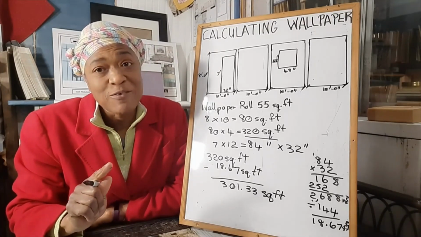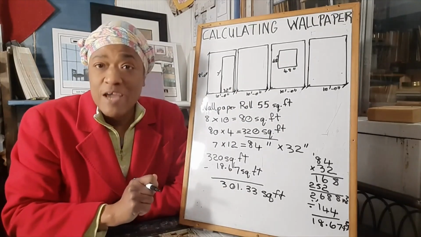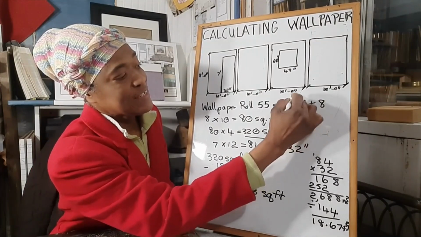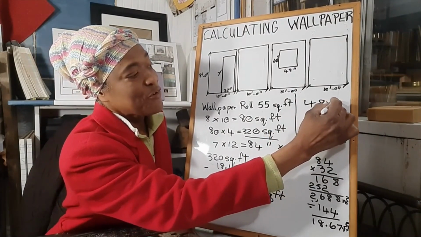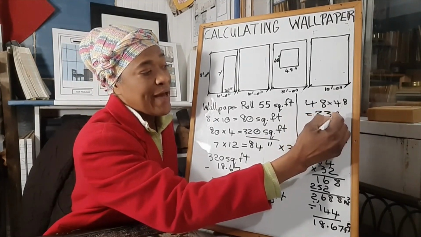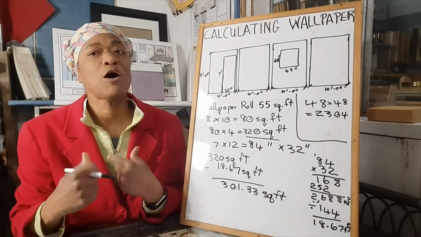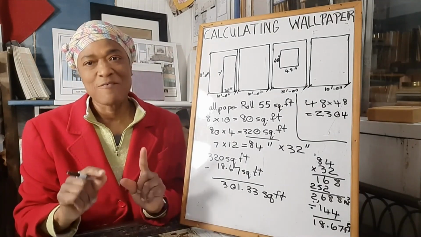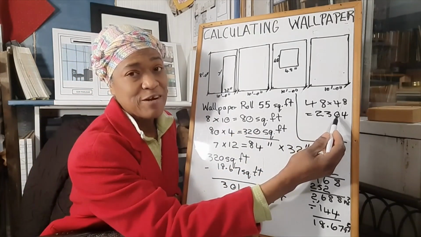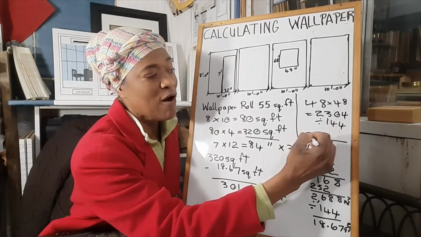So we will also have to find the square footage for that window and subtract that from the 301.33. 48 times 48 equals 2,304 square inches. But then we have to convert that to square feet. And therefore, we will divide this 2,304 by 144.